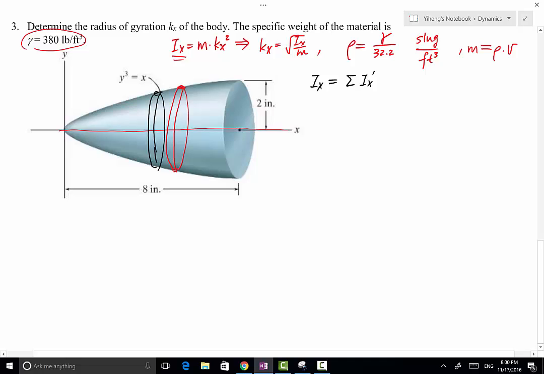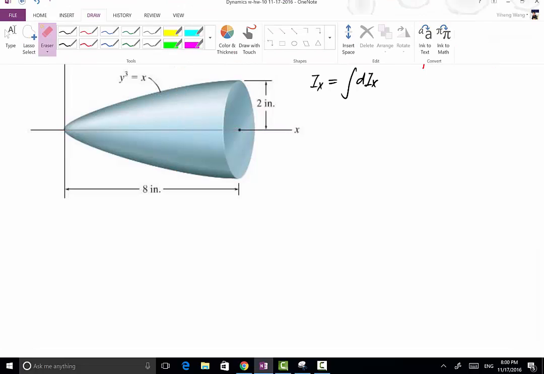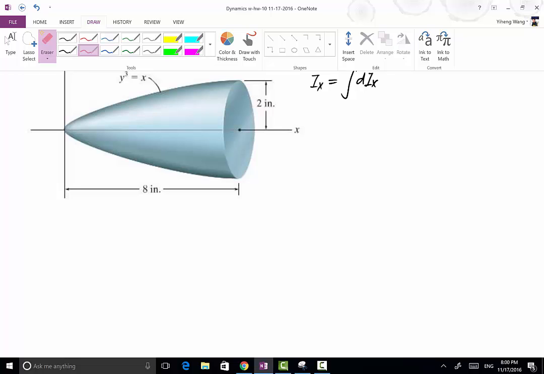However, when the thickness of the thin plate is small enough, this becomes the integration throughout the body of small dIx.